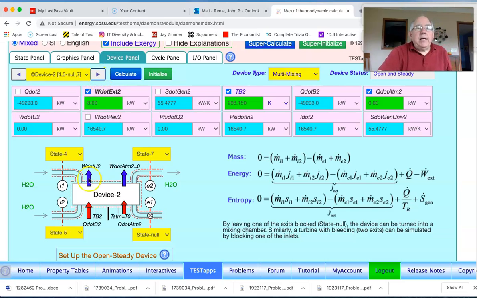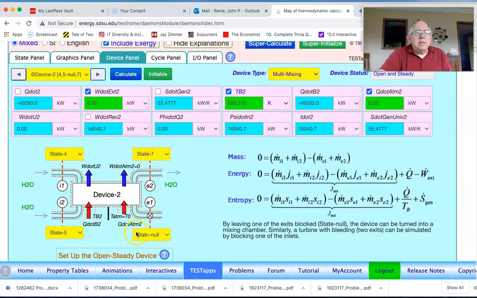The next device is, as you can see, 4, 5, and 7. And 4, 5, and 7 corresponds to the process heater. We have 4 coming in, which is 5 kilograms per second. We have 5 coming in, which is 15. And we have 7 going out, which is 20.